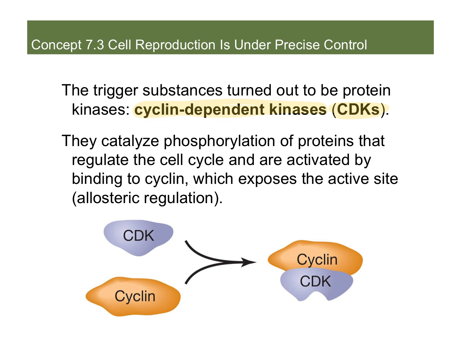So these CDKs catalyze phosphorylation. CDKs in general, kinases, make phosphorylation of proteins happen. In this particular case, this one is going to phosphorylate proteins that regulate the cell cycle, and the CDKs are activated by binding to that cyclin.